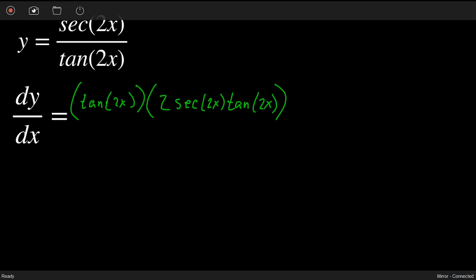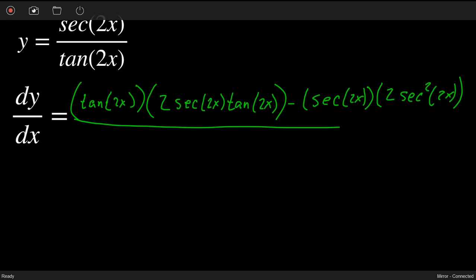So there's bottom times derivative of the top minus top times derivative of the bottom. And derivative of tangent is secant squared 2x times the derivative of 2x, which is 2. All of this is over bottom squared.